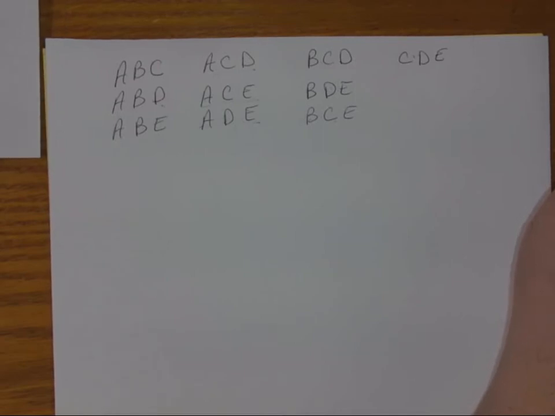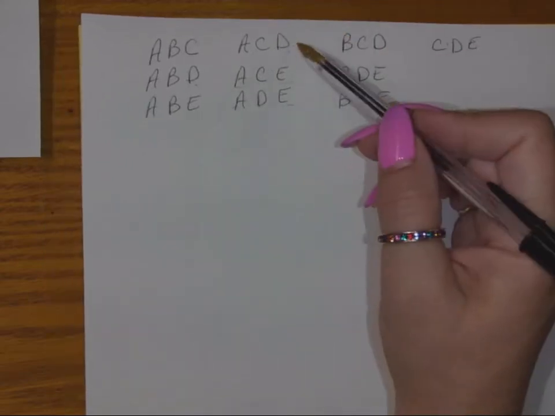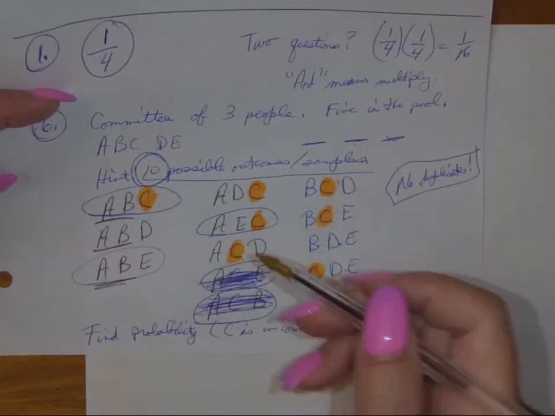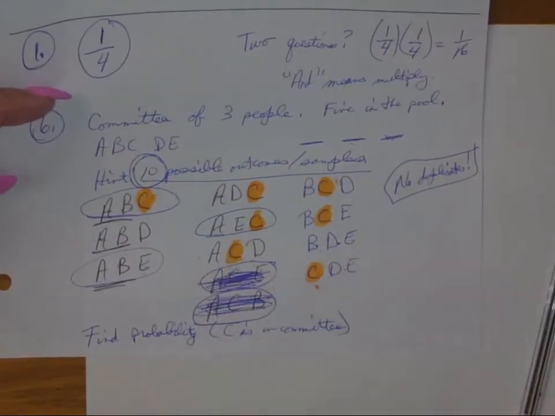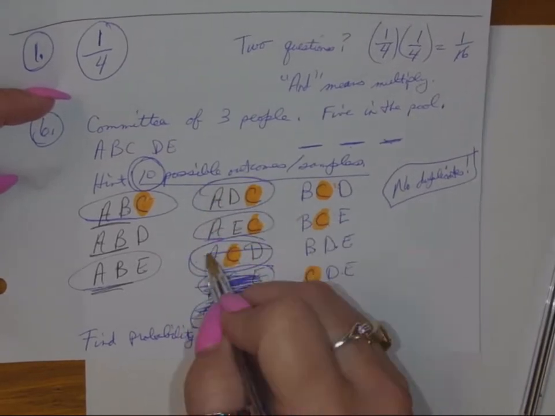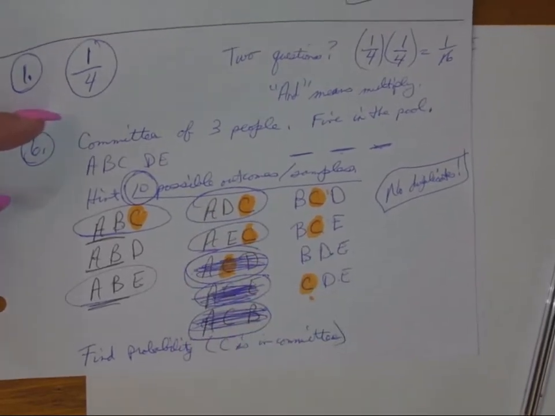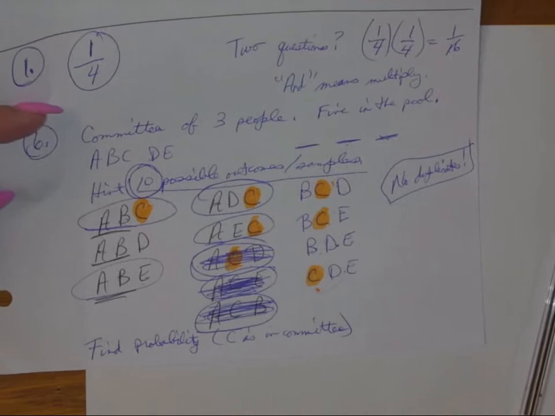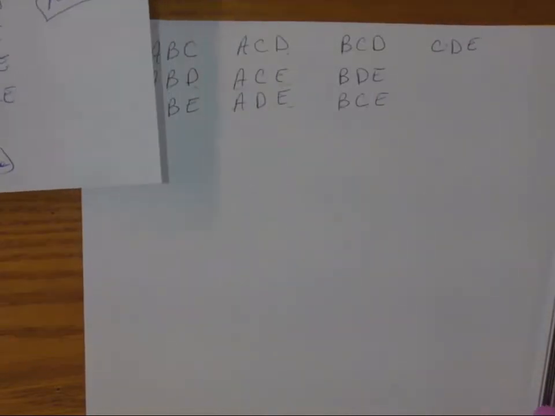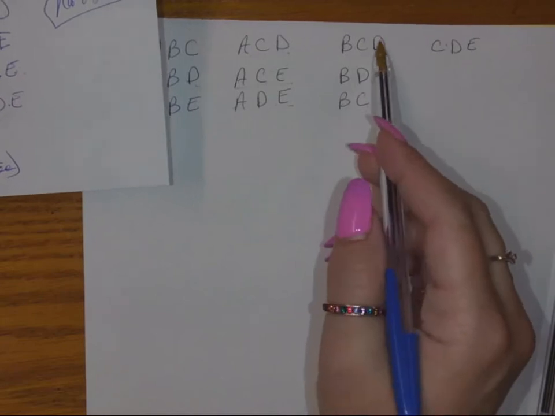A, C, D. Oh, here's what I did wrong. A, C, D is the same as A, D, C. Excuse me, I should not have had that. That was a duplicate, so that was my problem with my answer.